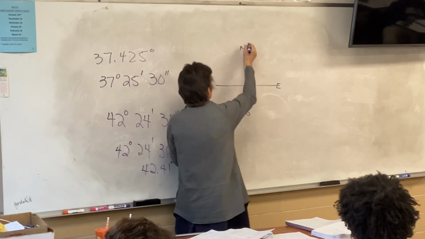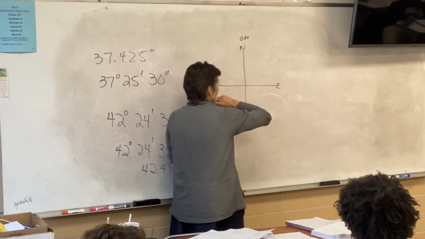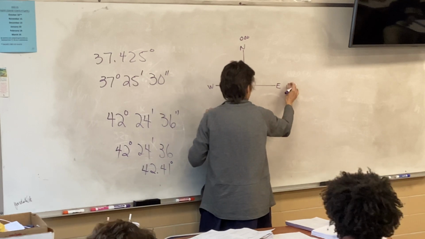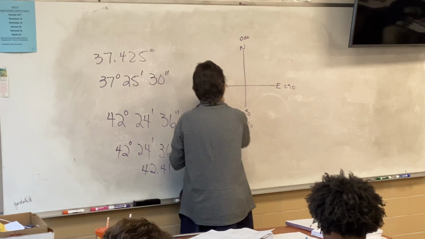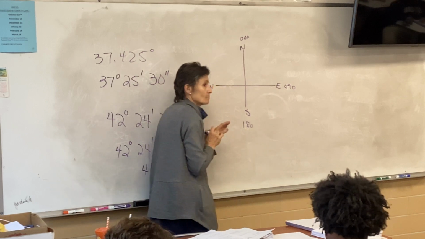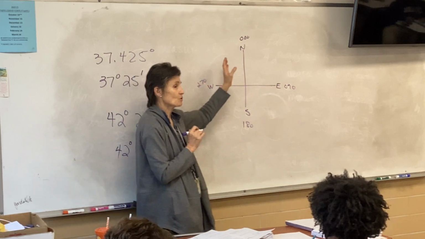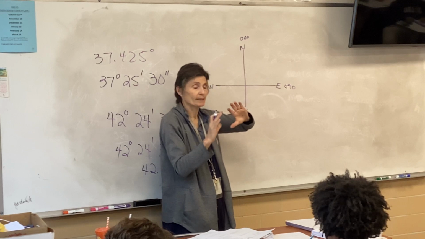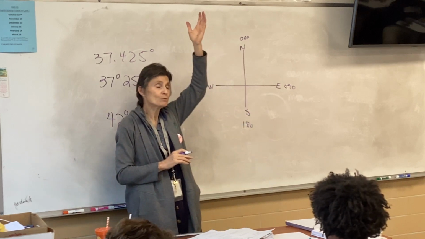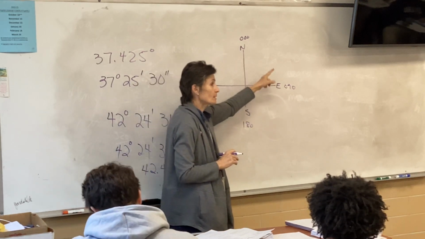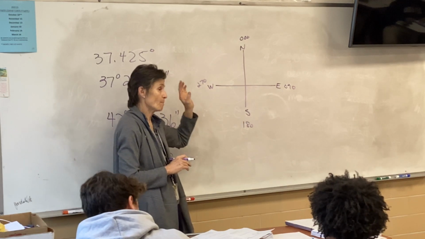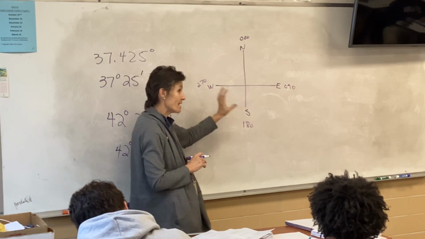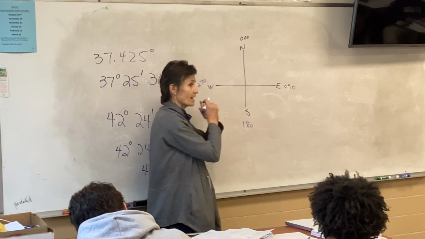Here's how it's set up. Due north is 0. East is 90. South is 180 and west is 270. So angles are measured navigationally, starting from due north and measured clockwise. All other angles are measured way different than that, but navigation, this is the setup.